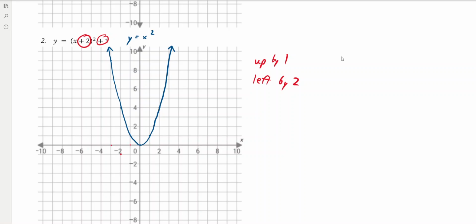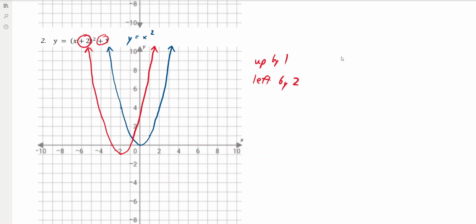And so 1, 2, 4. So it should just be here, here. It's going to look something like this. It's not perfect, but I think you guys get the point.